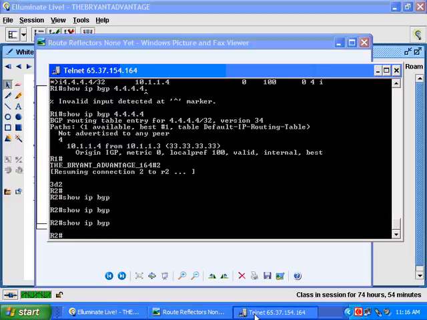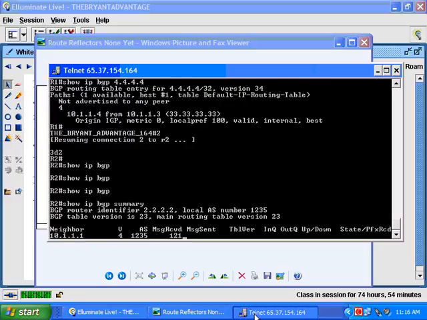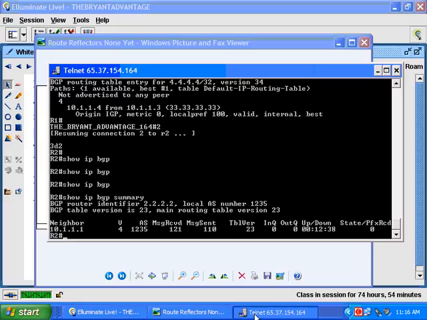But you know what we ought to do here? When we don't see any routes at all, we ought to check and make sure the adjacency is up. We never want to assume that. And yeah, it's up. I ran show ip bgp summary, which gave me the summary of the neighbor relationship.